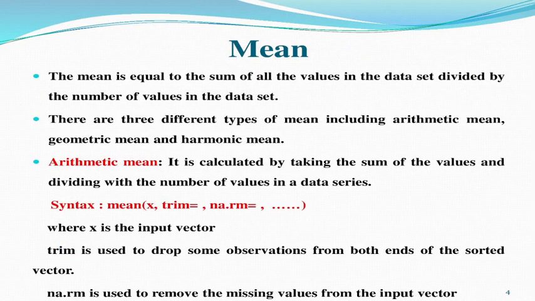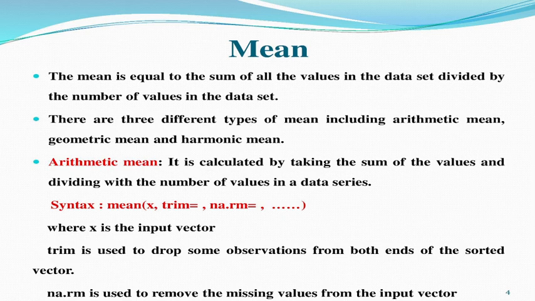The mean is equal to the sum of all the values in the data set divided by the number of values in the data set. There are three different types of mean, including arithmetic mean, geometric mean, and harmonic mean. Arithmetic mean is calculated by taking the sum of values and dividing with the number of values in a data series.